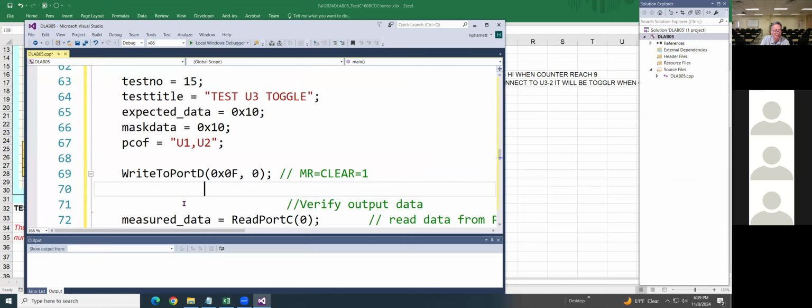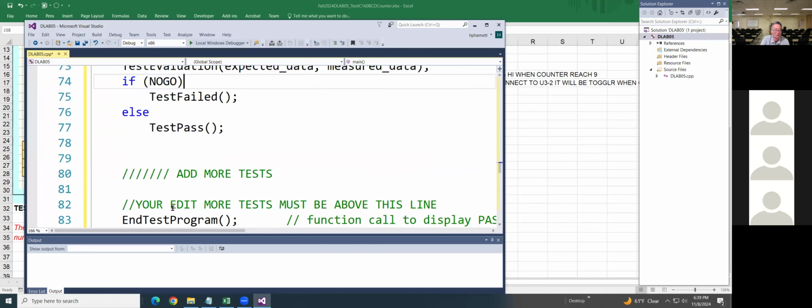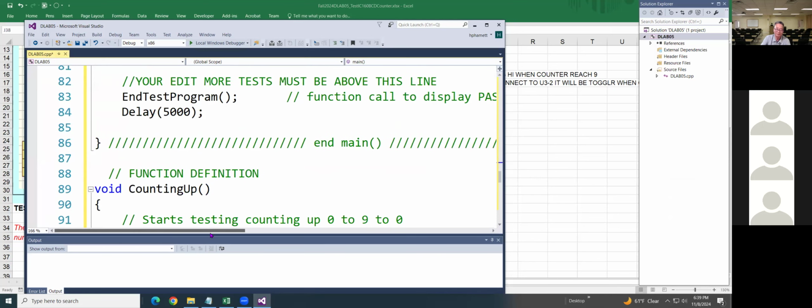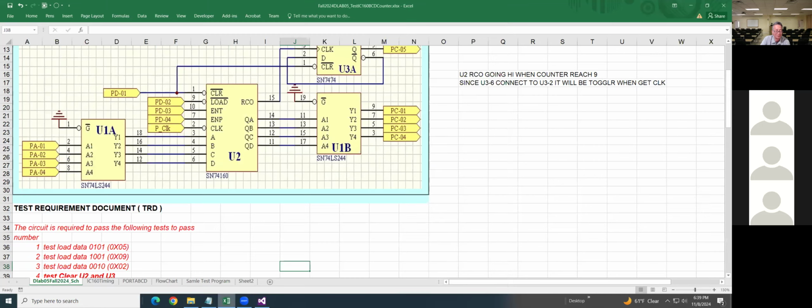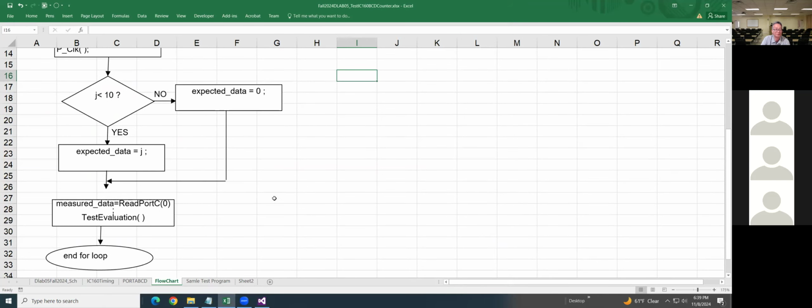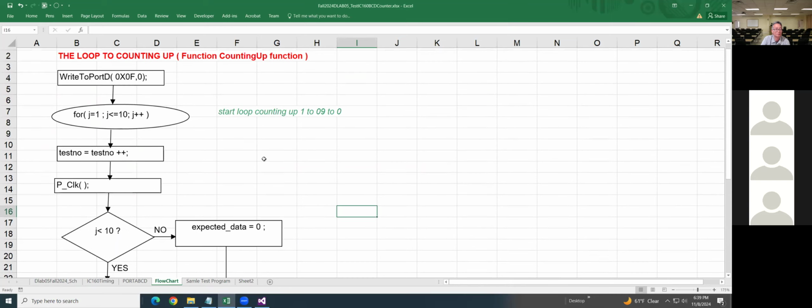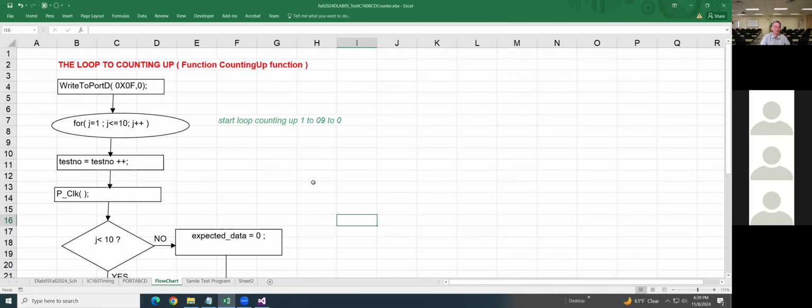And that will be done. Now, I'm talking about counting up. Flow diagram. Okay.